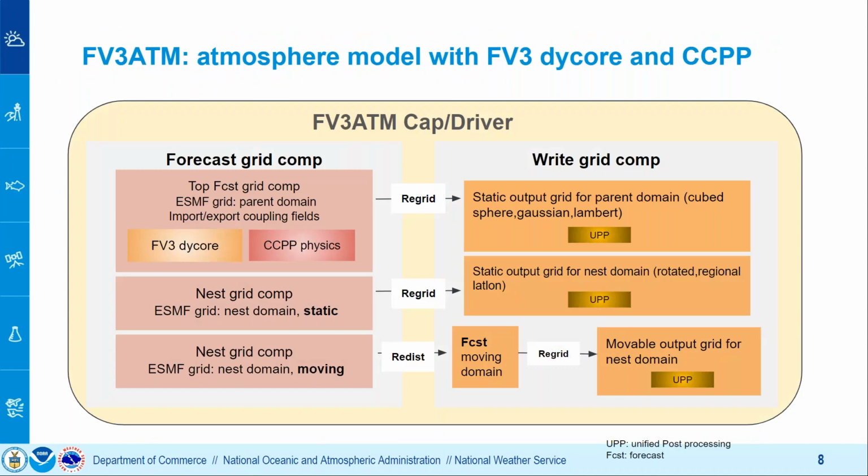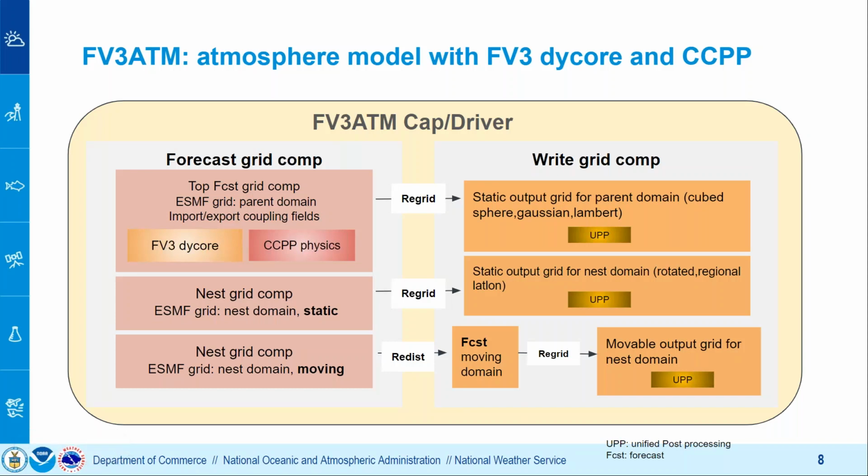Next, on the atmosphere side, currently UFS has FV3 ATM as its atmosphere model with the FV3 dycore and CCPP. Here is the code structure. As you see, it is complicated at this time. There are several major updates since the FV3 dycore was selected as the dycore system through the NGGPS project.